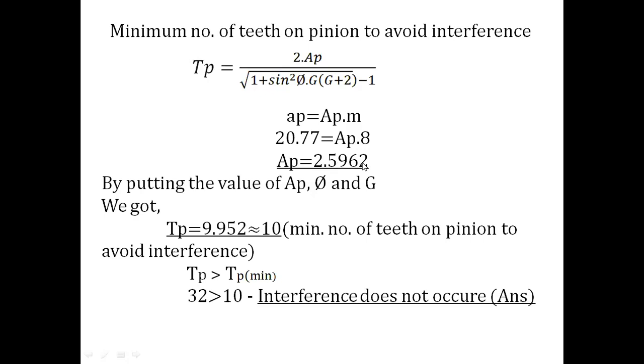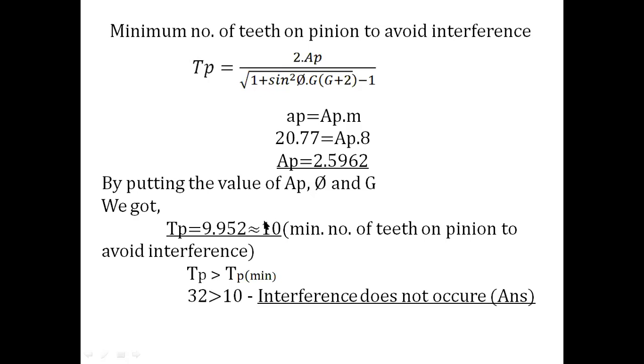2.5962. Now putting the values of AP here, the pressure angle we know, and the speed ratio G is already given in the question, that is 2.5. All values are known, only TP we have to find out. So putting the values of AP, phi and G in the above equation, by solving we get the value of TP is equal to 9.952, which is equal to 10.